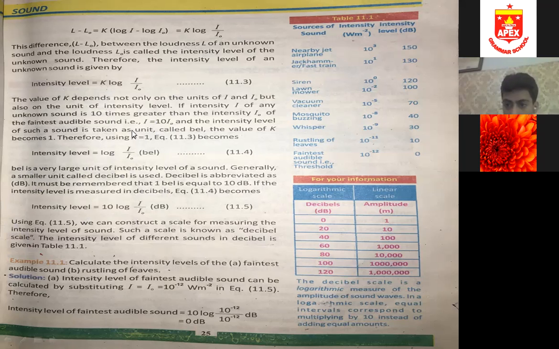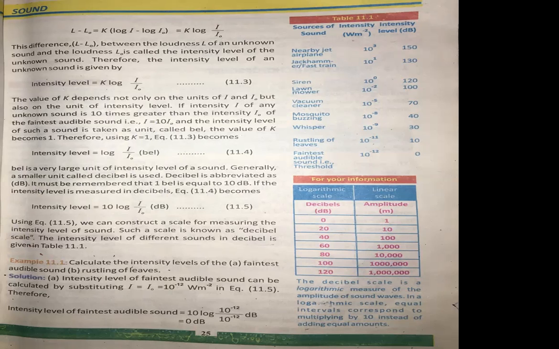When I put k equal to 1, this is called bell, and bell is a very, very large unit of intensity level of sound. But if I consider a smaller unit, like I already gave you the example, kilometer is the bigger unit and meter is the smaller unit.